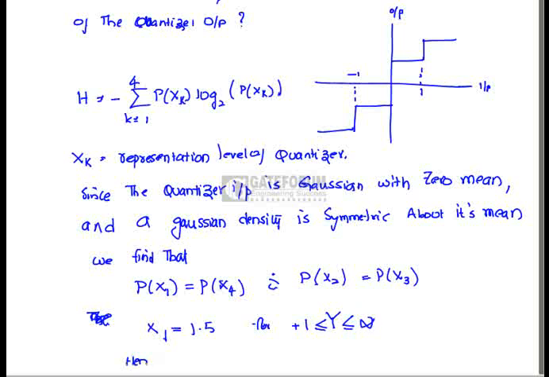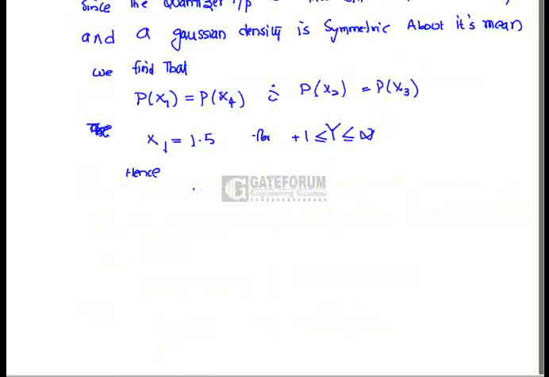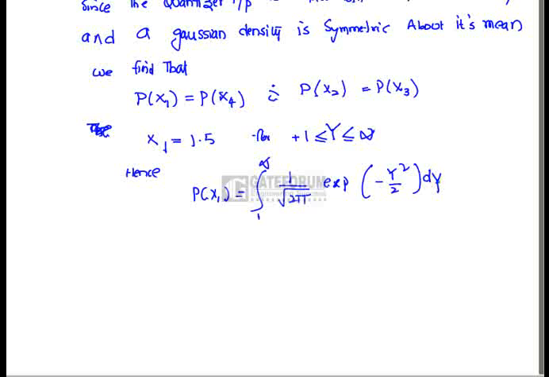Hence probability of x1 equals the integral from 1 to infinity of 1 by root 2 pi exponential minus y square by 2 dy, equals 0.1611.